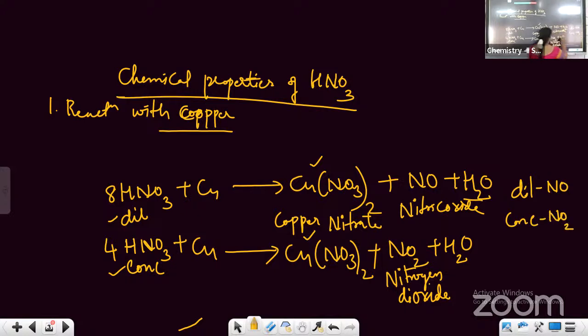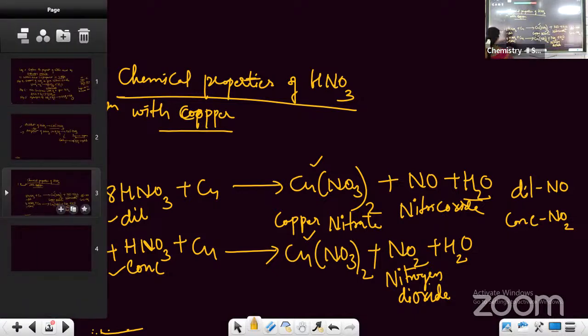Copper nitrate is common, and water is common for both. Remember this: copper nitrate and H2O are common for both. But what is the different product you are getting? NO with the dilute HNO3, whereas NO2 with the concentrated HNO3. Please copy down, and you can balance this reaction.